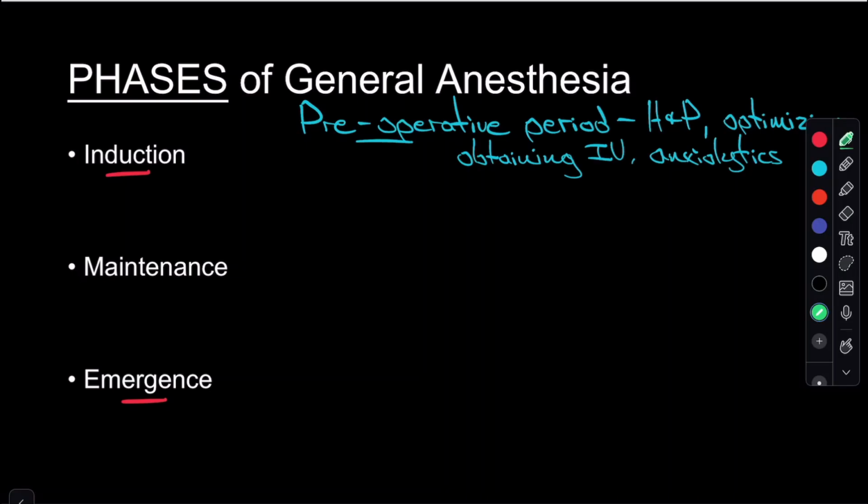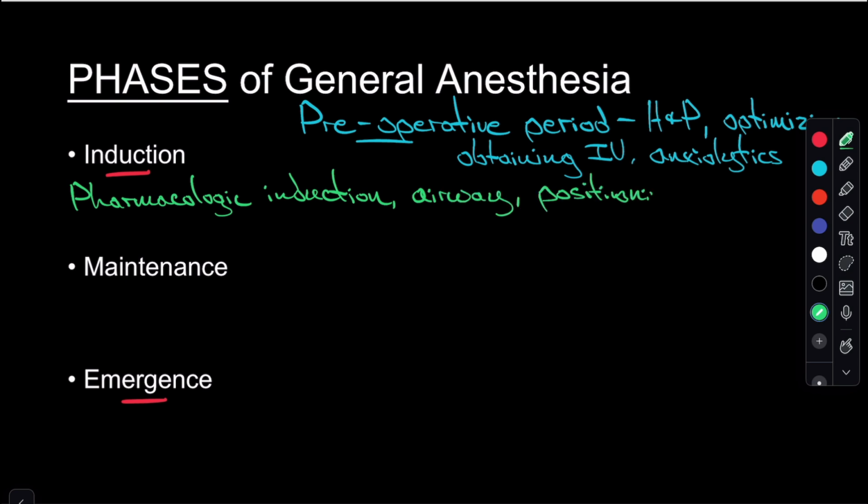Induction into anesthesia includes the pharmacologic inducing of anesthesia, so that's commonly seen with propofol, ketamine, etomidate. It includes securing the airway, positioning the patient, and then obtaining any additional monitors to provide safe anesthesia care.